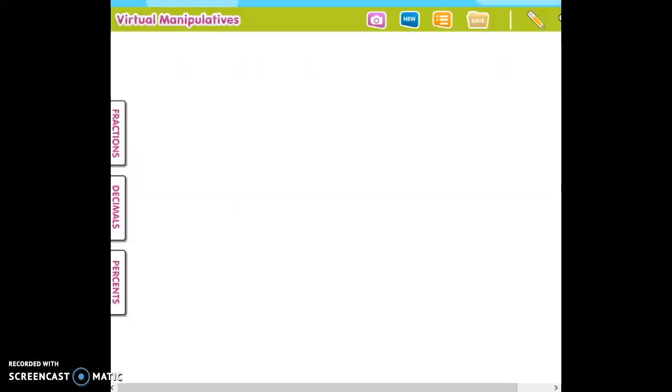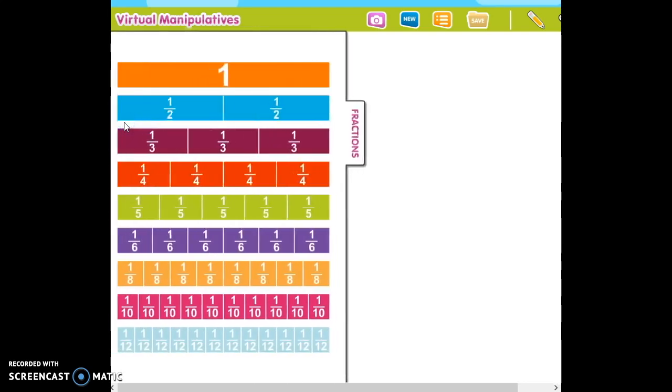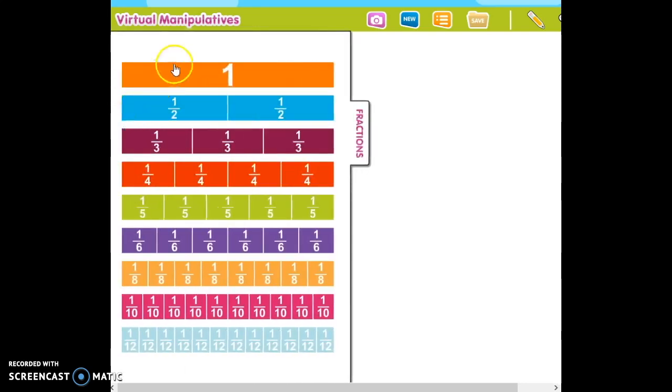Okay, so using one of the virtual manipulatives, I have the option of using fraction tiles, decimal tiles, or percentiles. So we're going to use the fraction tiles for now. As you can see, there's a whole unit and then broken into halves, thirds, etc.